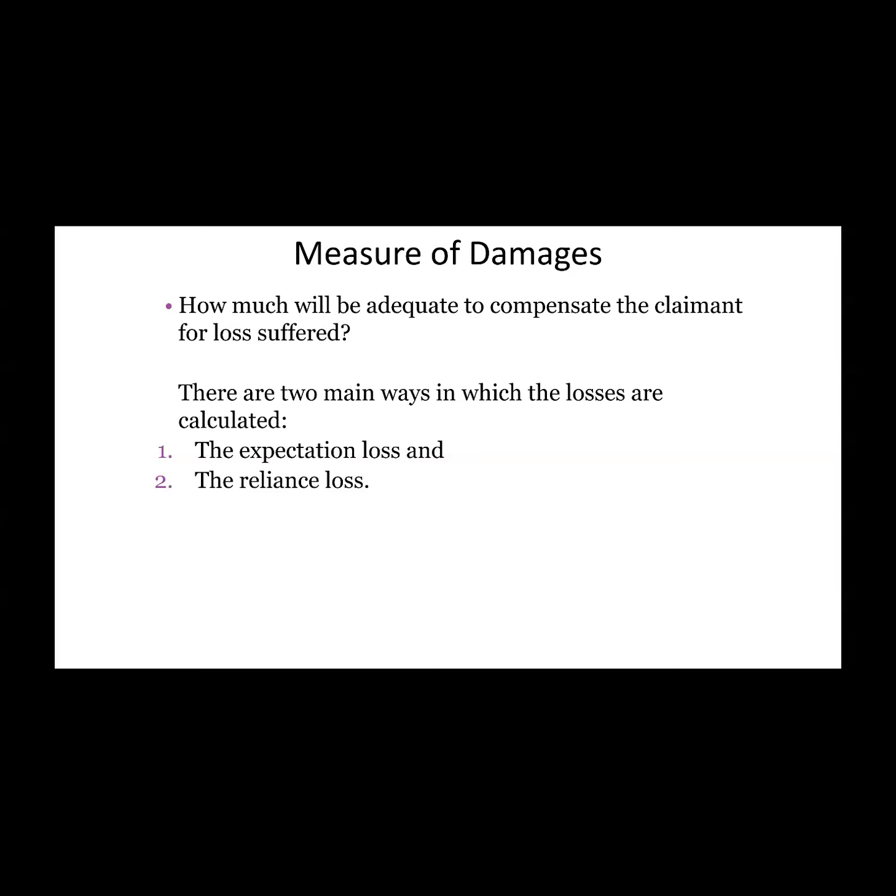So it seeks to find out what the claimant expects to have gotten from that contract, right? So the damages is calculated to give the claimant that benefit that they would have gained if that contract had been performed properly. And the second one is the reliance measure, right? What it aims to do is to cover the cost that the claimant incurred in reliance on that contract.